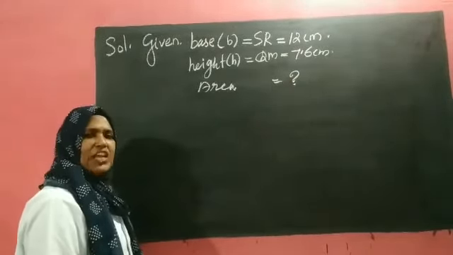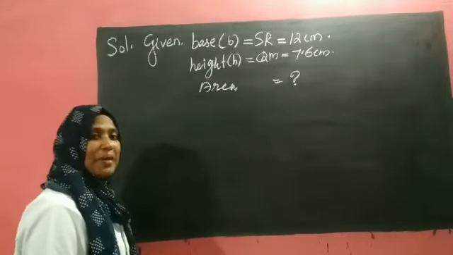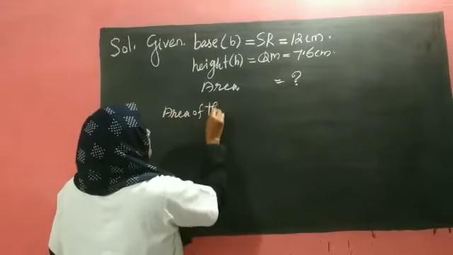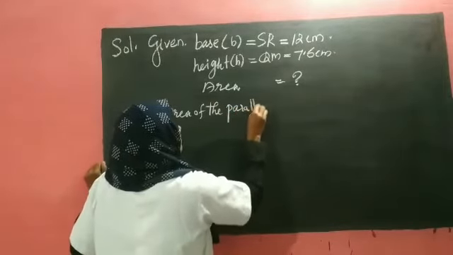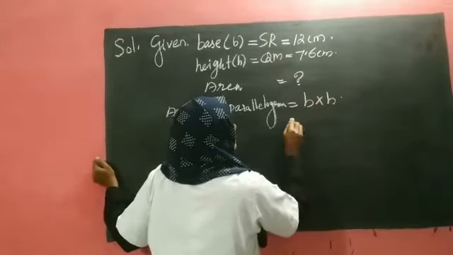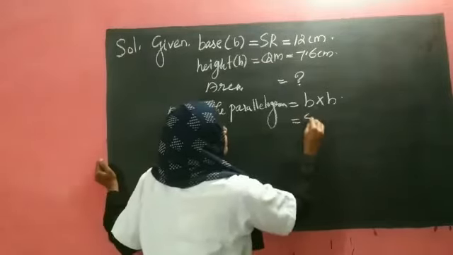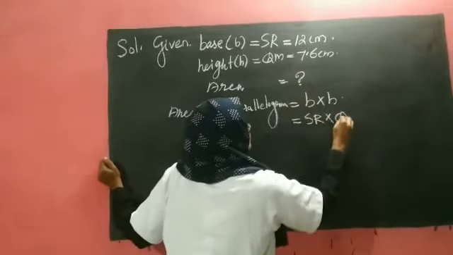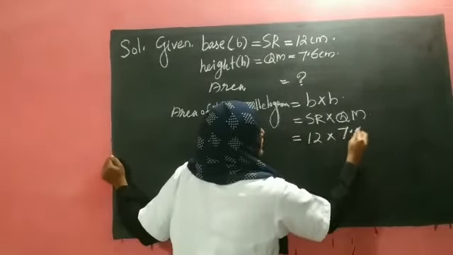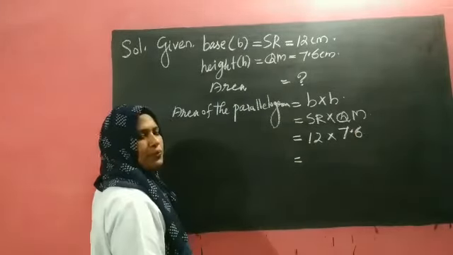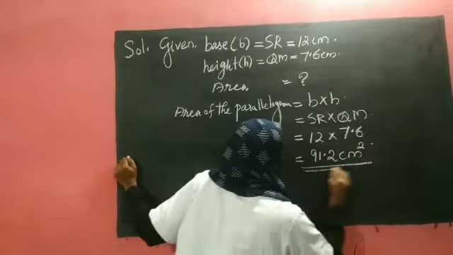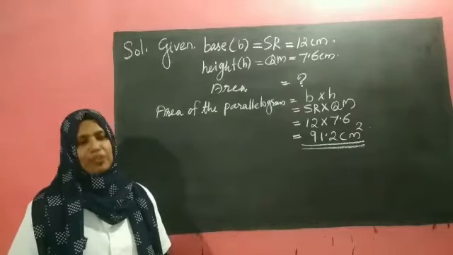We know area of the parallelogram is equal to base into height, which is equal to SR into height QM, which is equal to 12 into 7.6, which is equal to 91.2 centimeter square.